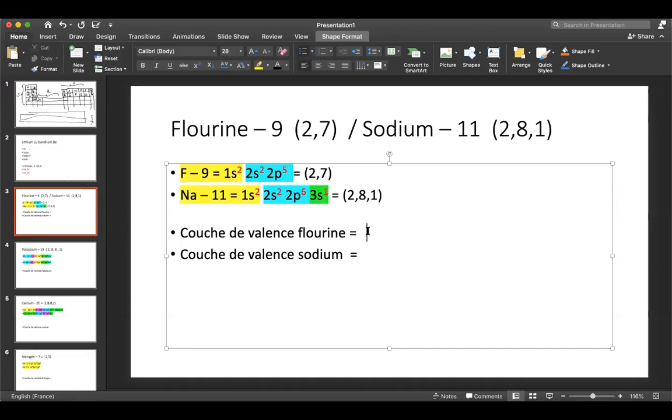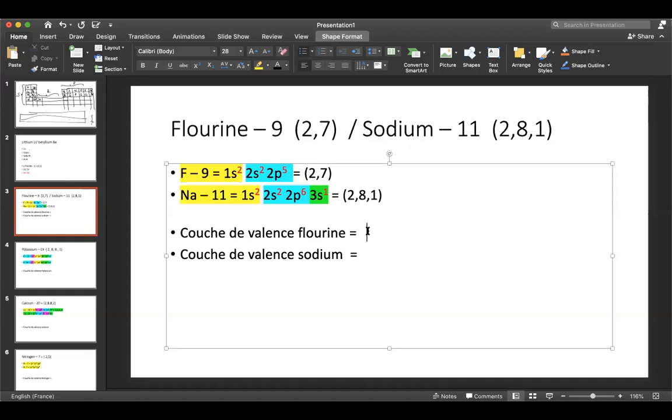That is for the cases of metals. Now, in this case, fluorine, how many electrons is it supposed to gain? It's 1. For it to gain 1 electron, it's going to have a complete shell.